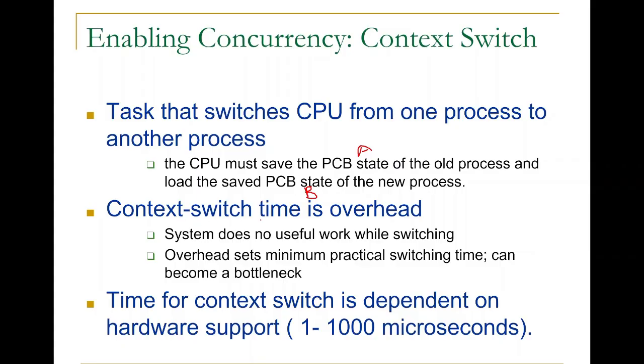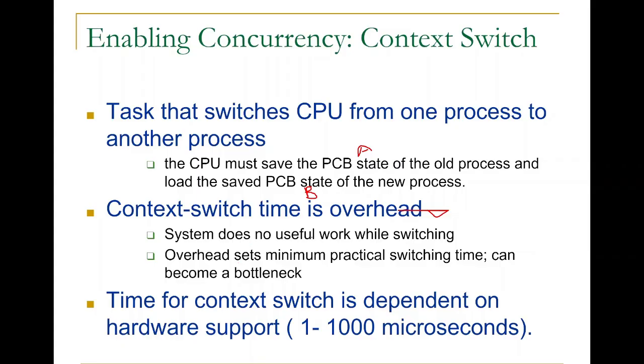Now, context switch time is overhead. It's also a burden, because it takes time to do that. During that period of context switching, the CPU actually does nothing. So it's seen as an overhead, a little inefficiency.